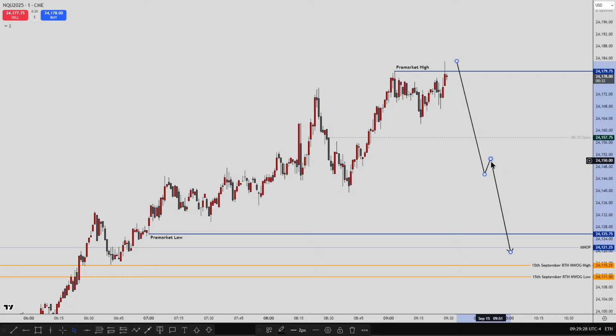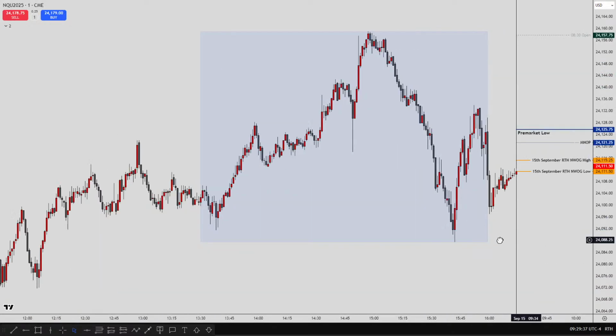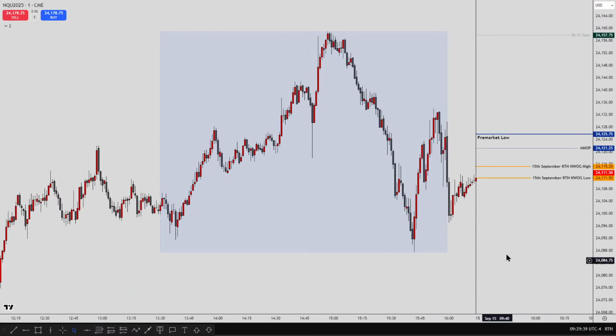Yeah, it won't just be a straight shot down into the midnight open. Usually, obviously, market open can present some weirder circumstances.